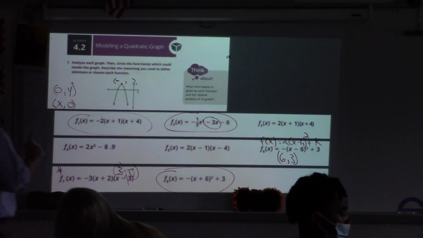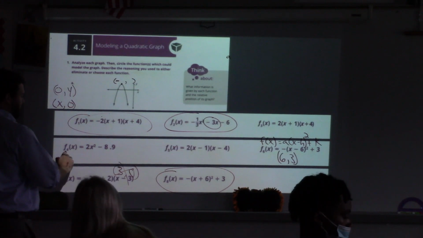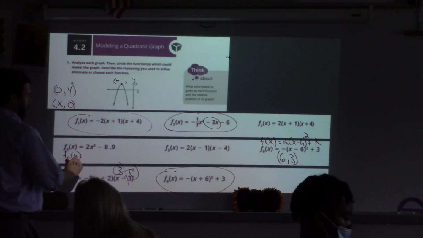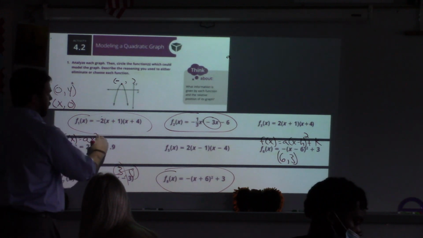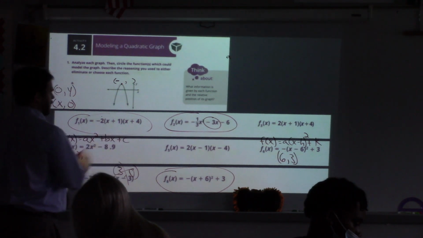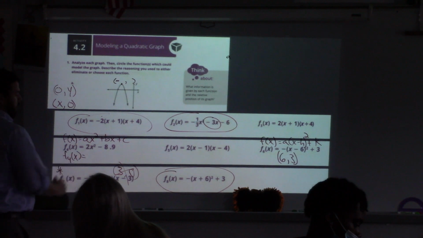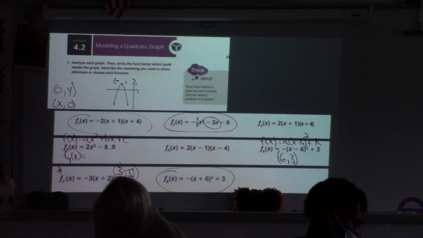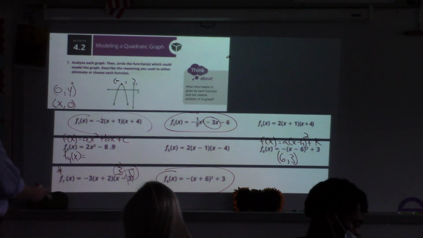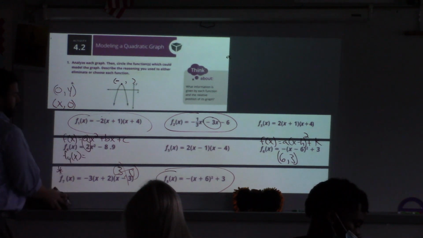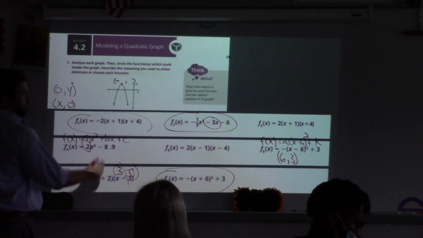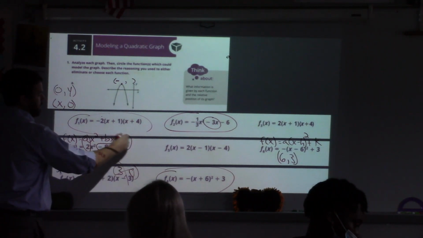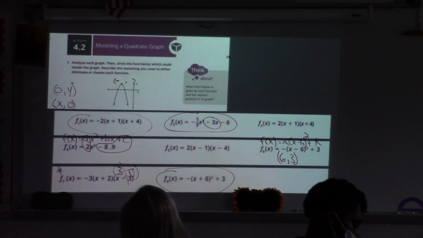One detail, and I saw this being a bit of a struggle with one group, we want to remember that f of x for standard form is ax squared plus bx plus c. So what is my a value in this equation? 2. What's my c value? Close. Negative 8.9. So what is my b? 0. It's not there, so it's understood to be a 0.